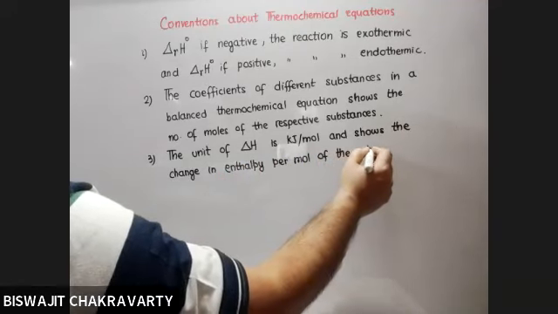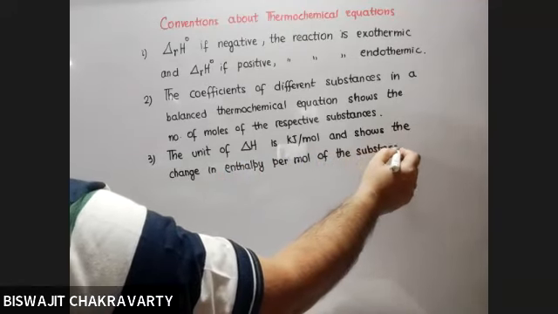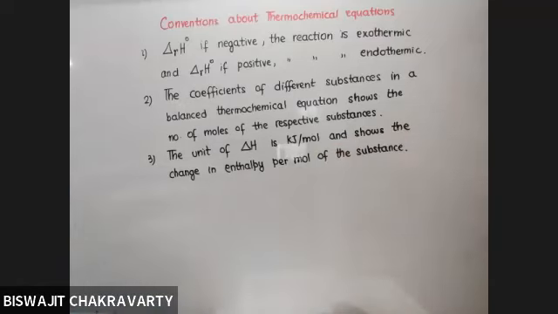So delta H is always calculated for 1 mole of any substance. So when I say enthalpy of combustion, it means that when 1 mole of any substance is combusted, then what will be the enthalpy change? When we say enthalpy of formation, it means that when 1 mole of any substance is formed, then what will be the enthalpy change? So we always calculate the enthalpy change in terms of 1 mole.